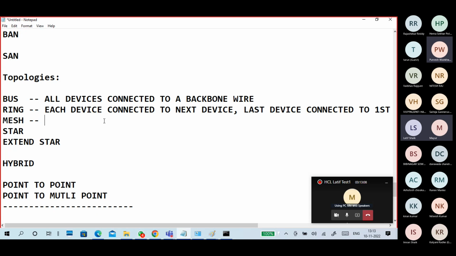Mesh: every device is connected to all other devices.